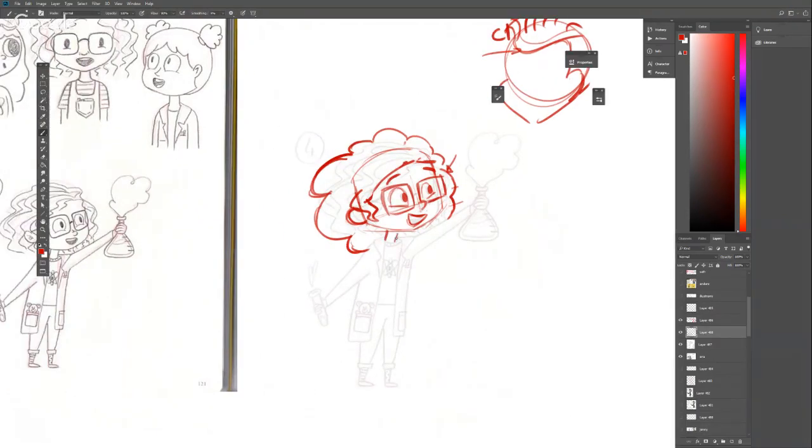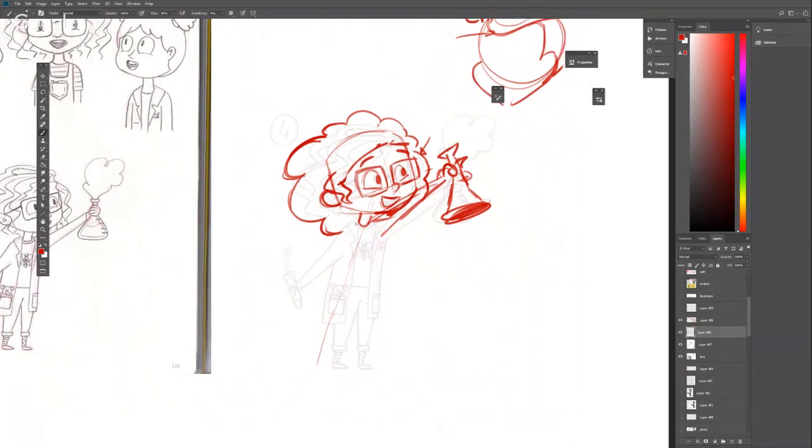And let's look at the pose. So it's almost the same pose as the last one. Her head is in front of that. Maybe she's jumping out of joy or something.